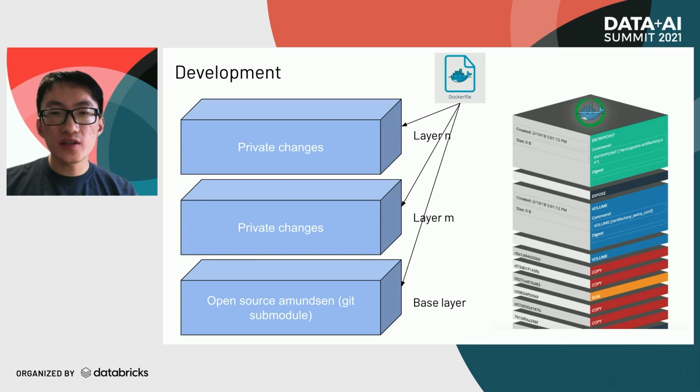So previously, we mentioned that for Databricks deployment, we need to do customization for the naive open source versions. Our customization can be separated into two parts: one is configuration changes, and the other is function overrides. For configuration changes, we change the default logo from Amundsen to Databricks.